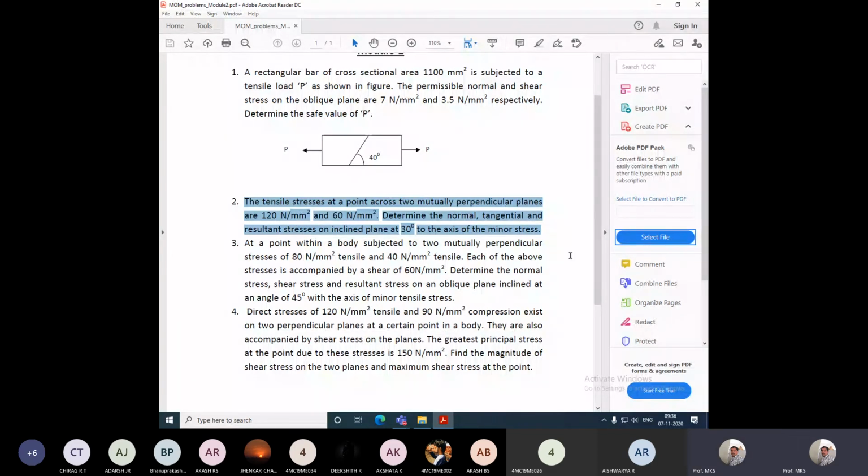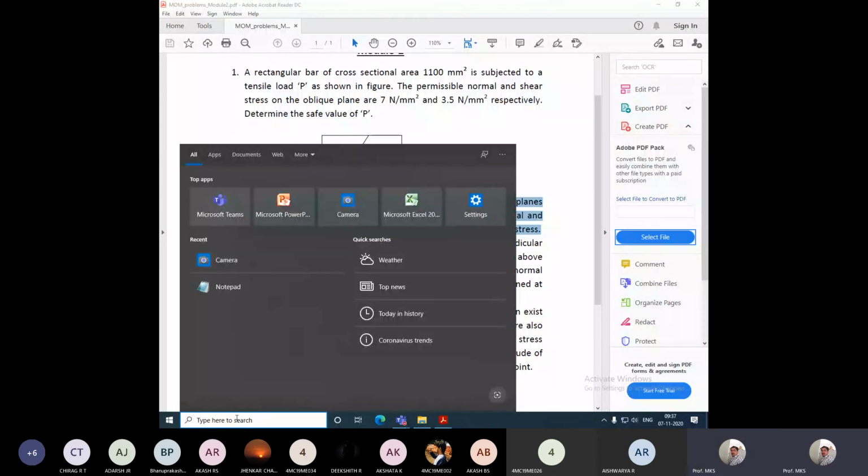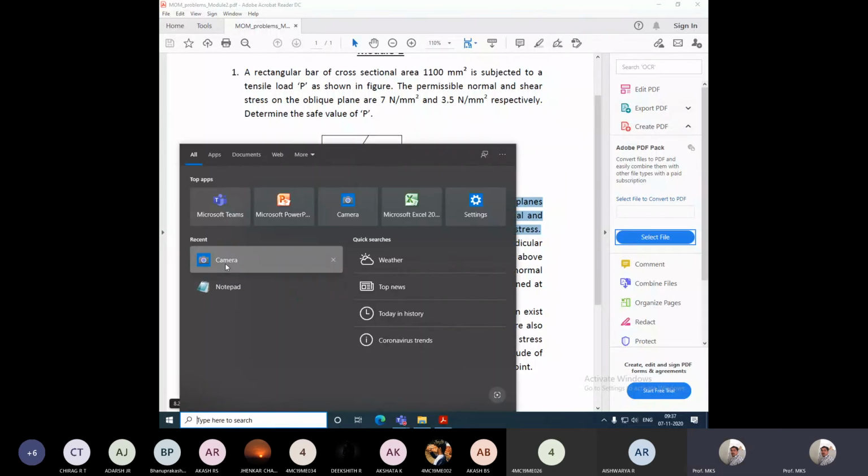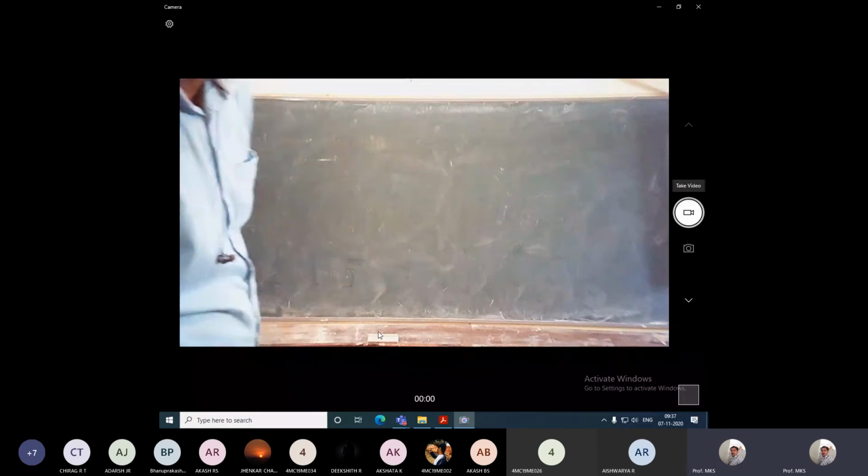Okay, I think you have taken this question, so I'll start. So what is given? Tensile stress at a point across two mutually perpendicular planes are given.